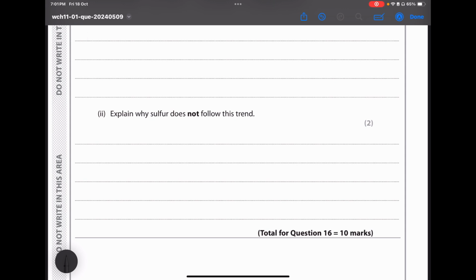Let's talk about what happens from phosphorus to sulfur. In phosphorus, the electronic configuration is 1s2, 2s2, 2p6, 3s2, and 3p3.